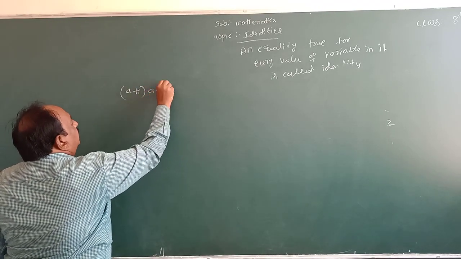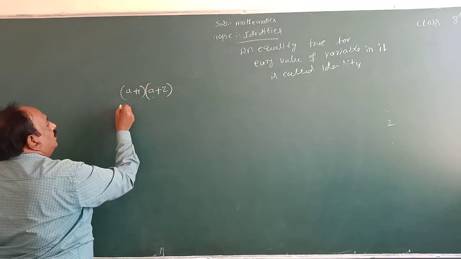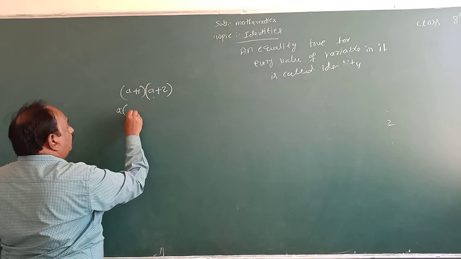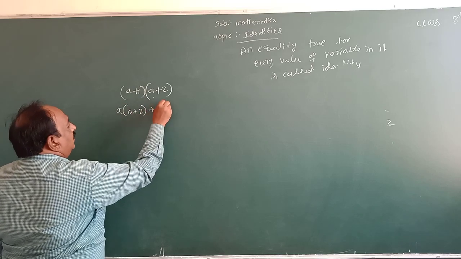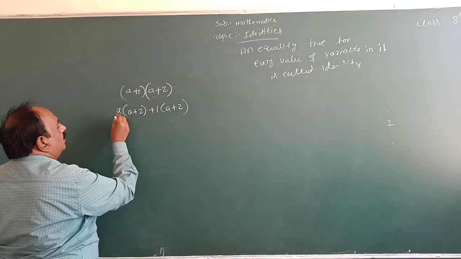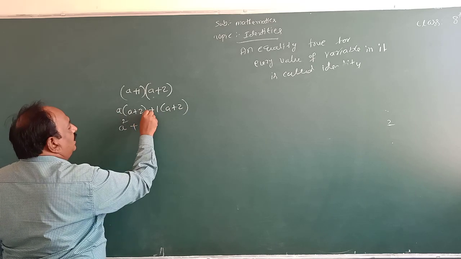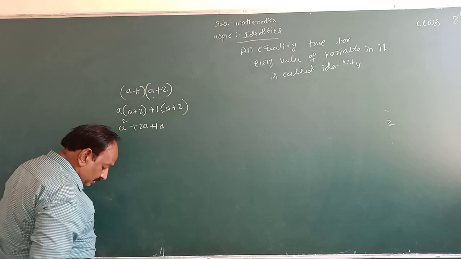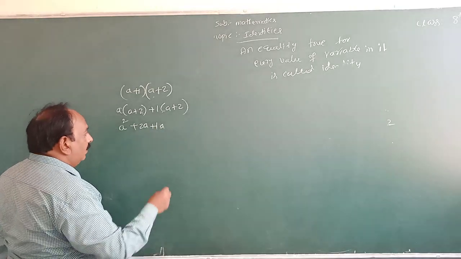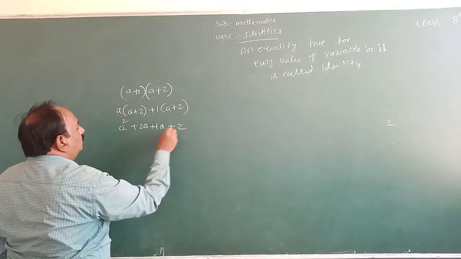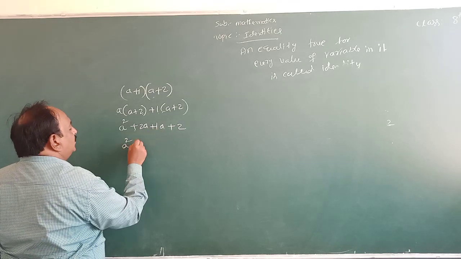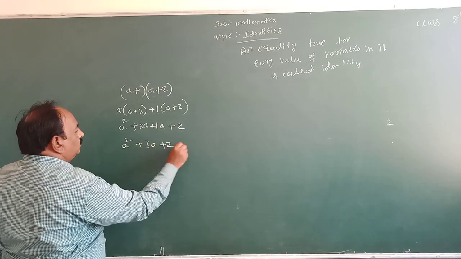(a + 1) into (a + 2): a into (a + 2) plus 1 into (a + 2). A into a is a square, 2 into a is 2a, 1 into a is 1a, plus 2 ones are 2. A square, 1a plus 2a is 3a, plus 2.